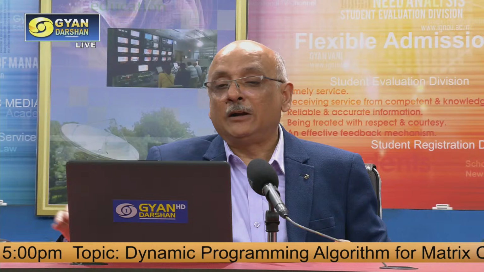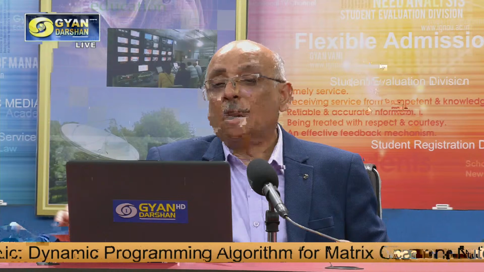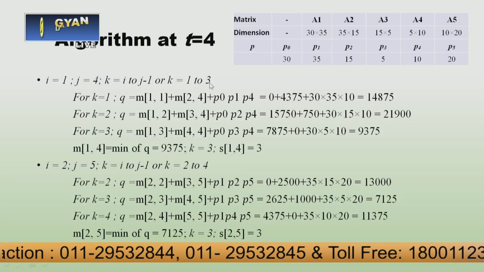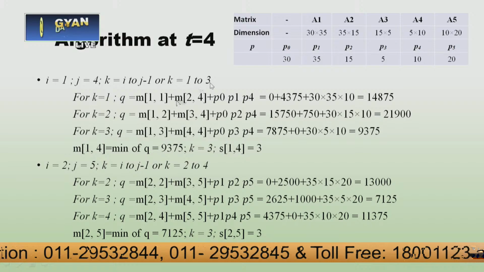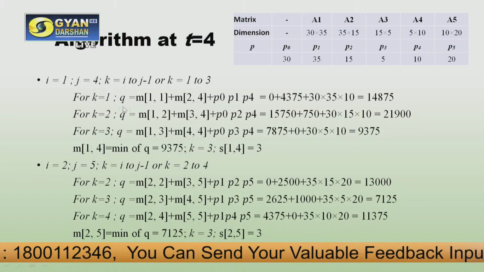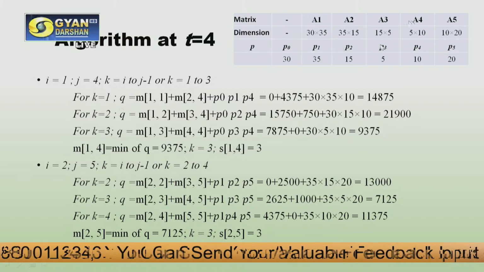Moving on, we do the similar computation for the value 4. But what are the values of i and j? 1 to 4 and 2 to 5, just two. But the values of k now are going to be 1, 2, 3. So you have three different k's: k equals 1, k equals 2, k equals 3. What way are you doing this? Now you are multiplying A1 to A4.